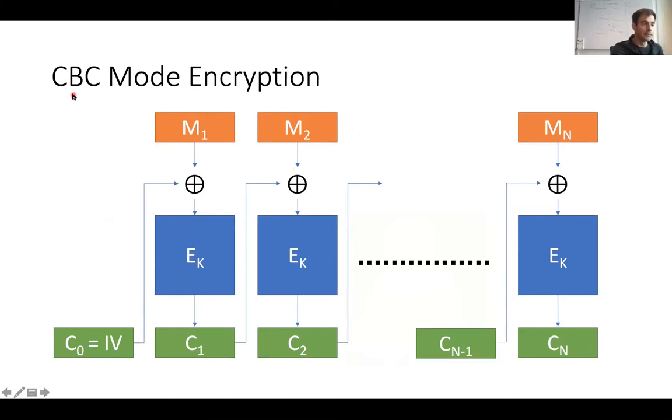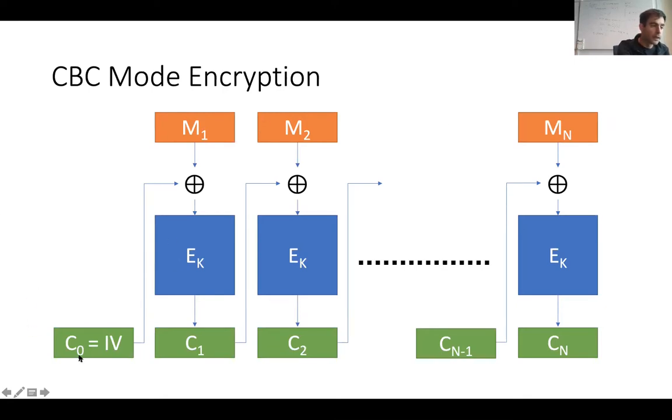In CBC, you take the message and split it into blocks. Maybe your original message was 1 megabyte long, and you split it into blocks of equal length of 128 bits. If the message is not a multiple of 128 bits, then you just put some padding in the last block. So now you have all of these blocks.